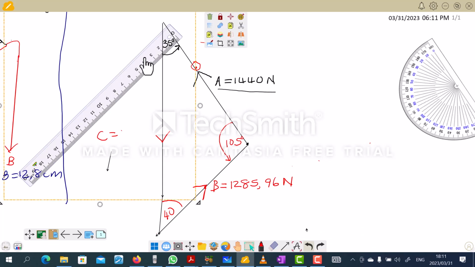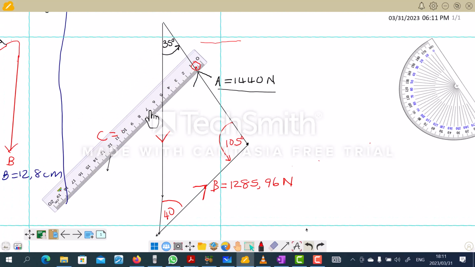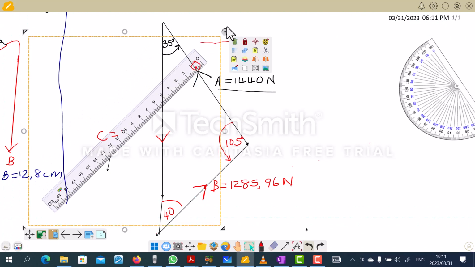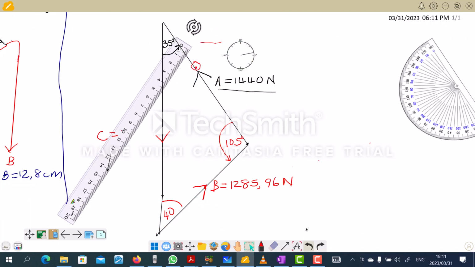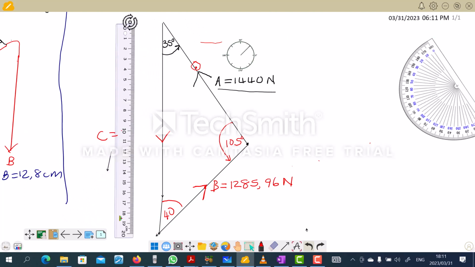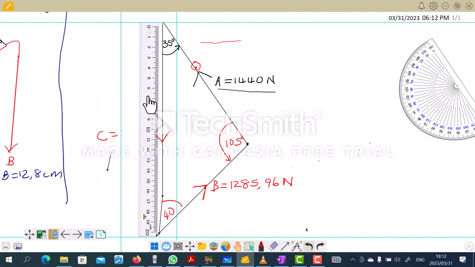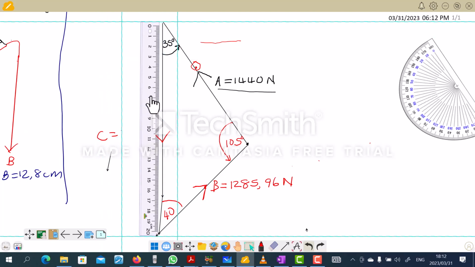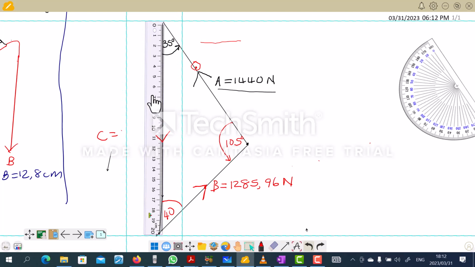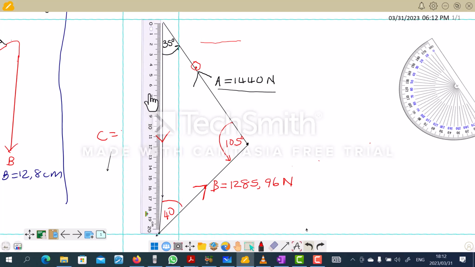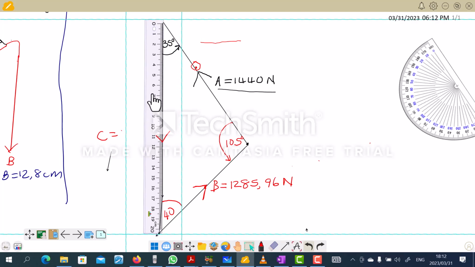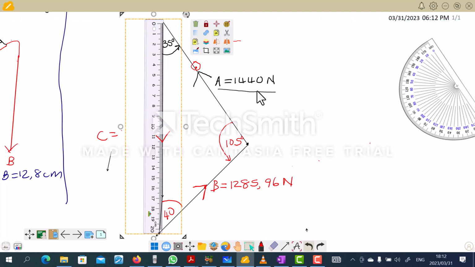So let us now check this line. What is the magnitude of this line? I think I'm going to try to measure this one. I hope that you are also following in your exercise book as I'm doing this. Okay, my ruler is 20 centimeter.